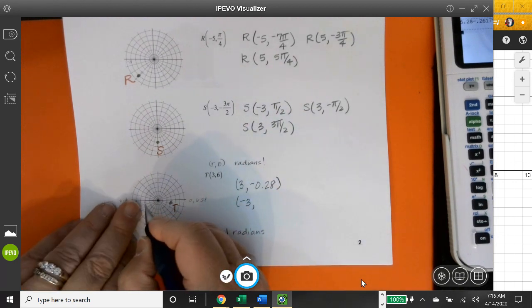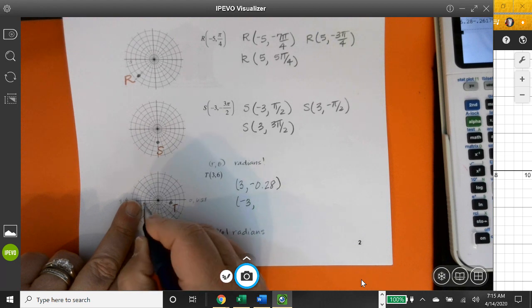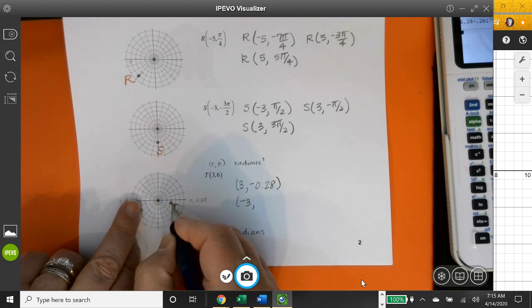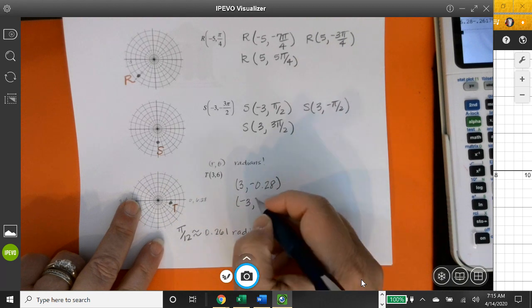All right, let's go out radially in the negative direction. 1, 2, 3. Well, if I'm going to rotate in the positive direction, it's almost as if I'm going pi, but how short?